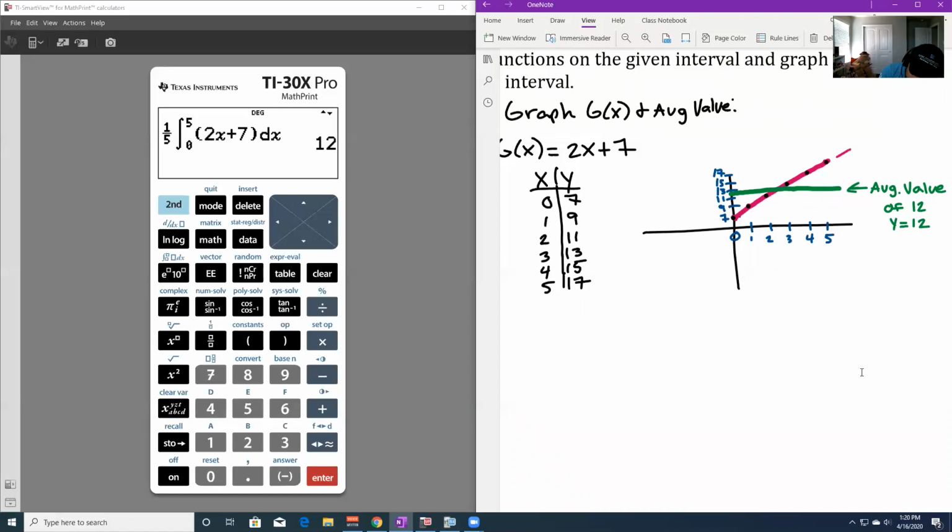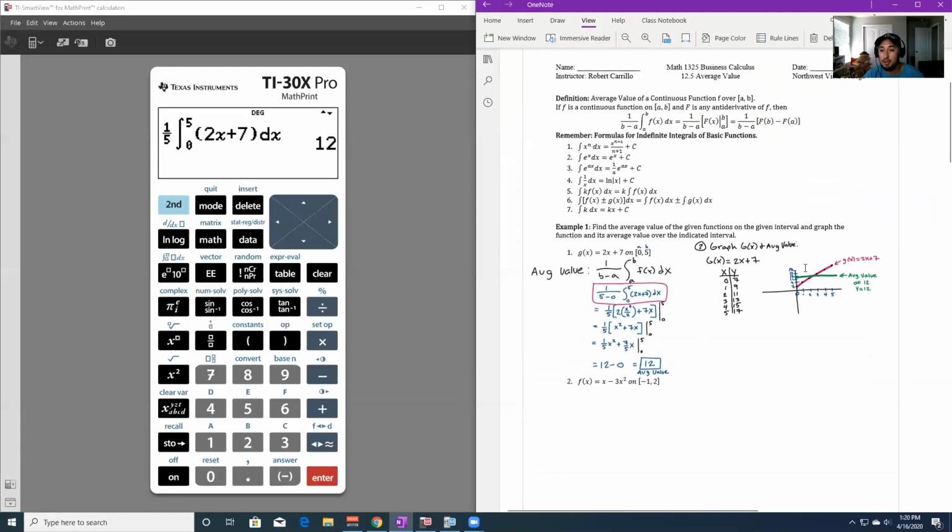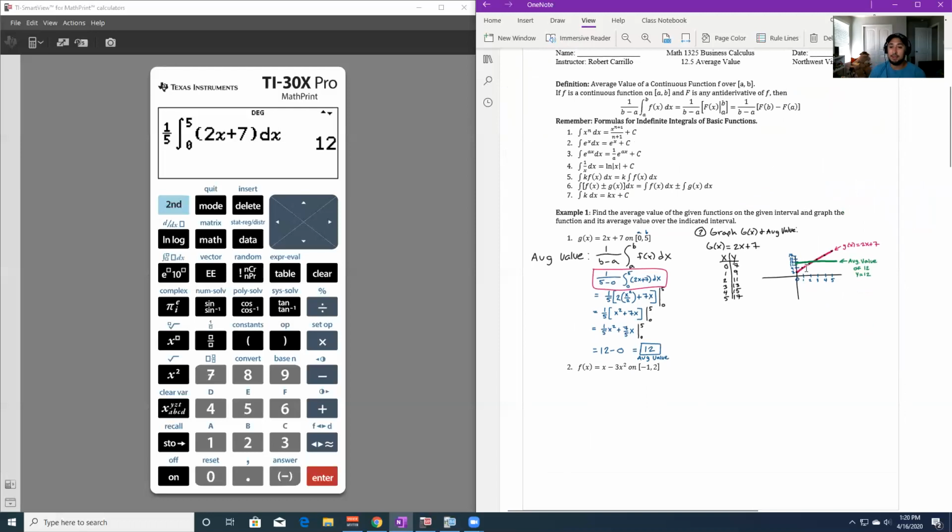And this was our g of x equals 2x plus 7. And that's it. That's all I wanted. That's what step 2 wants. It just says graph it with the average value.